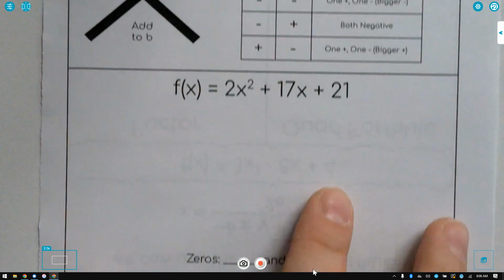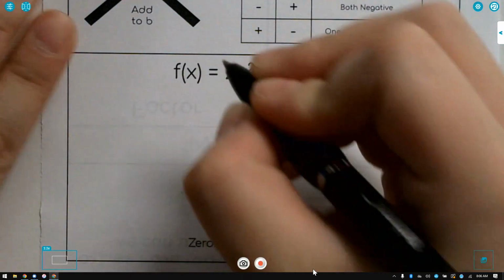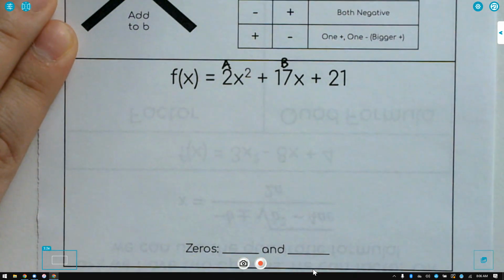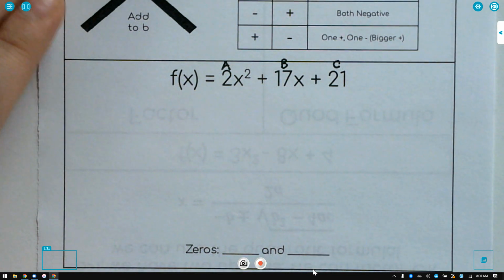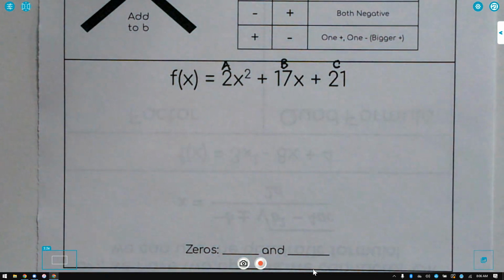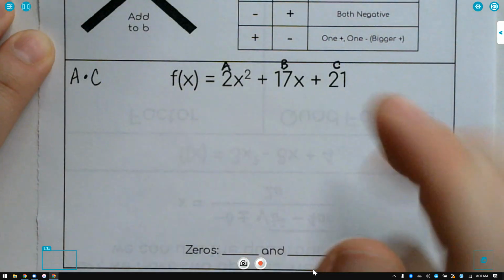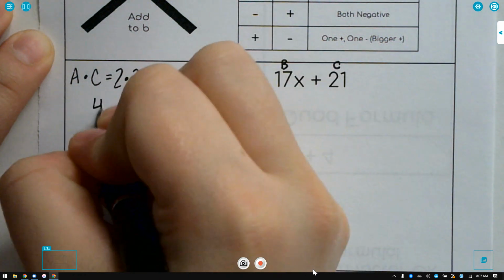So we've got f of x equals 2x squared plus 17x plus 21. My a value is 2. My b value is 17. My c value is 21. I'm going to multiply together a times c. So that's going to be 2 times 21. It's going to be 42.